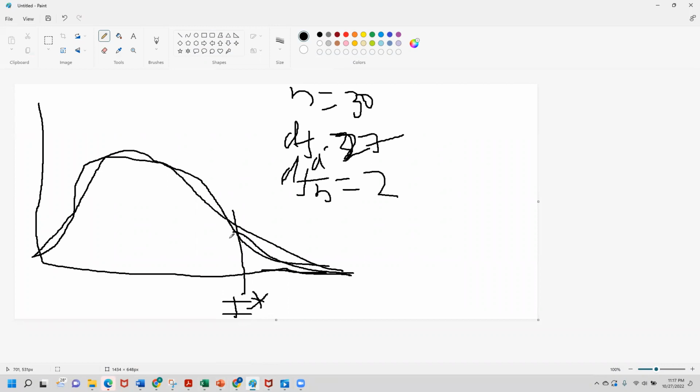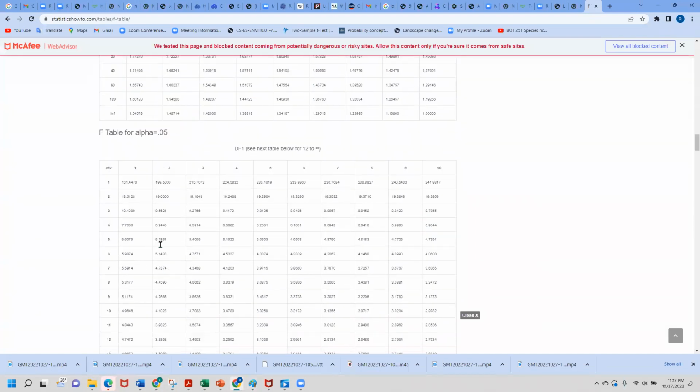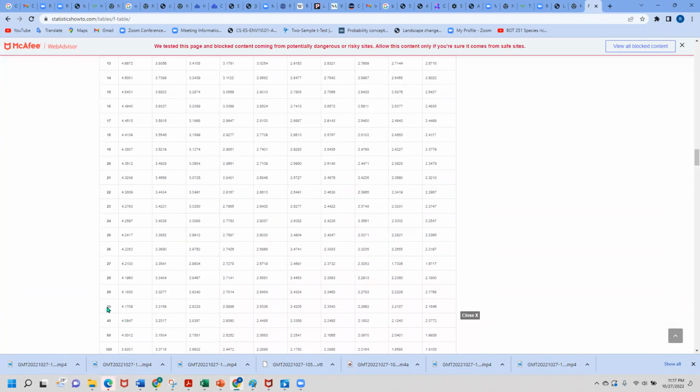And if you have chosen a significance level of 0.05, then you get a table that gives that. What does it say in the table? With 2 degrees of freedom in the numerator and 27 degrees of freedom in the denominator, it is 3.3541. So that's your critical F. It gives you a probability of 0.05 to the right.